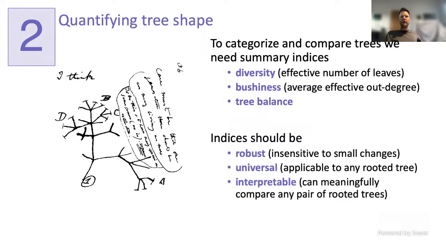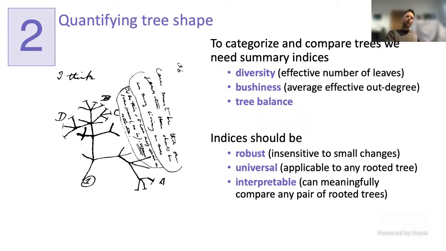So really what you'd want to have useful indices for, particularly this problem of looking at tumor evolutionary trees, we need indices that are robust, which means that they are insensitive to small changes to the tree. This particularly means that if you have different sequencing sensitivity, different ability to detect very rare mutations, these indices won't change very much. The second one, universal.